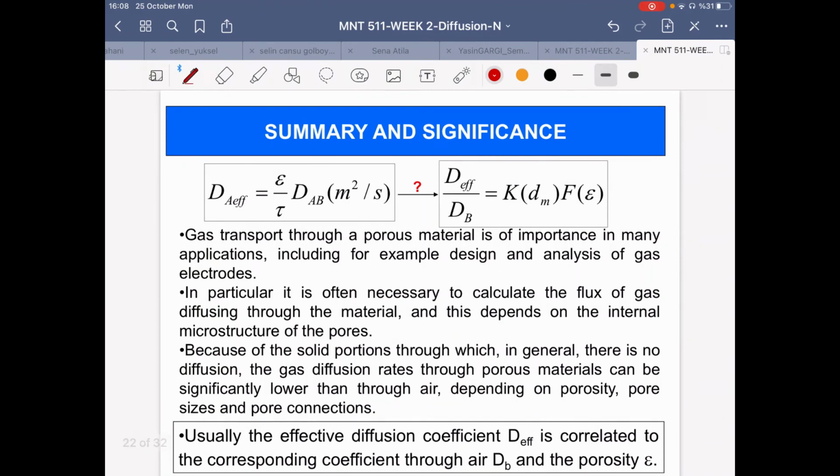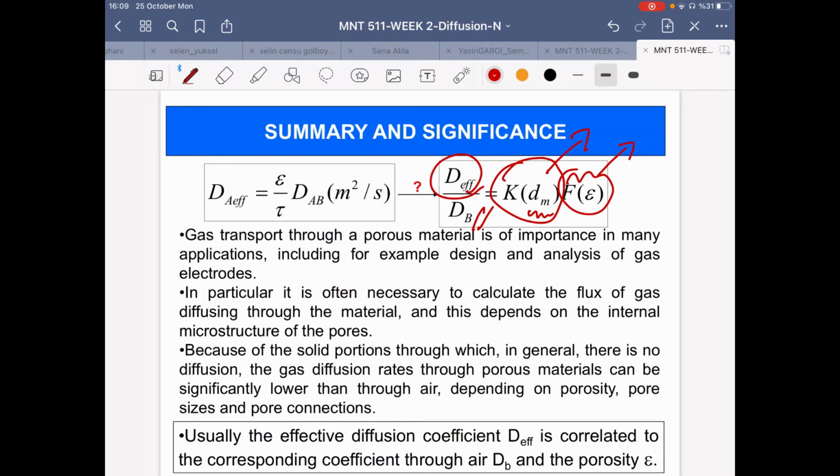It's usually a matter of how much we are deviating from the bulk, which again is a function of how close you are to Knudsen diffusion, which is a function of this diameter and of the void fraction. People have done a lot of experiments to figure out that this is a function of this and this, and I will upload the paper for that measurement as well.